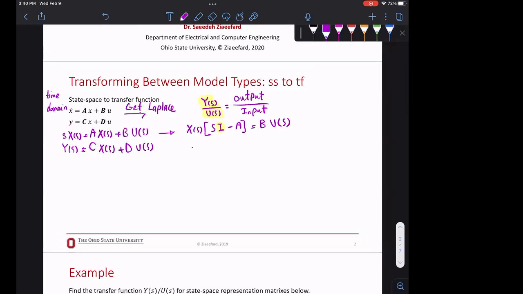The equation looked like sX(s) minus AX(s). Then I said I'm going to factor out X(s). Then instead of writing s minus A, I said s times I, the identity matrix. Why did I do that? What's wrong with s minus A, mathematically?